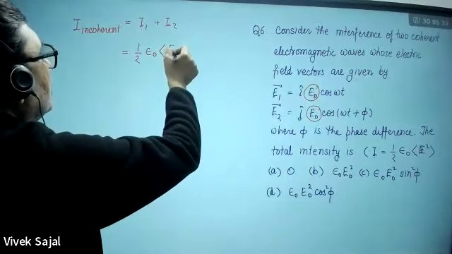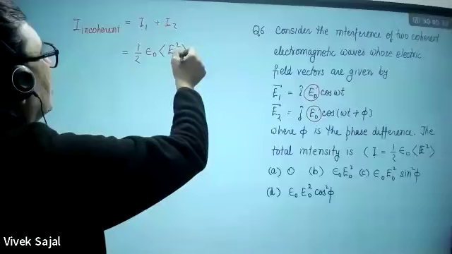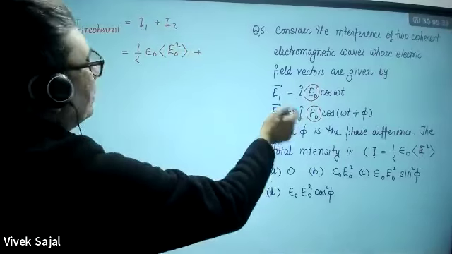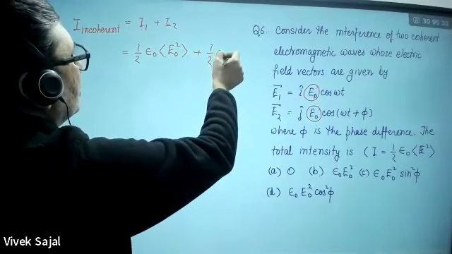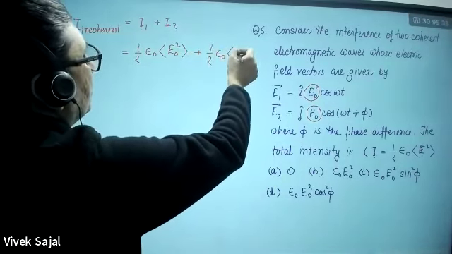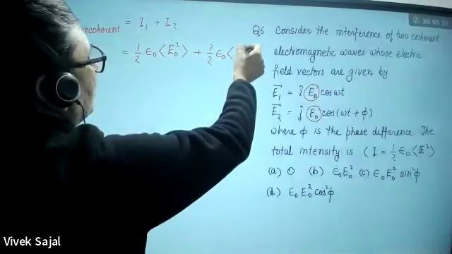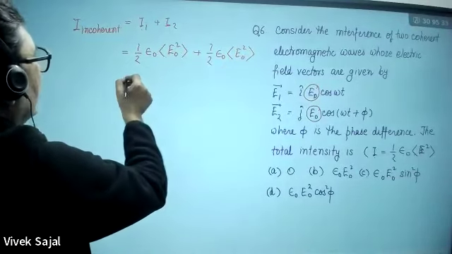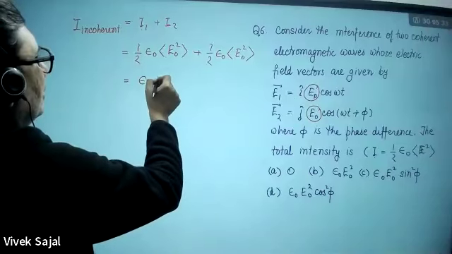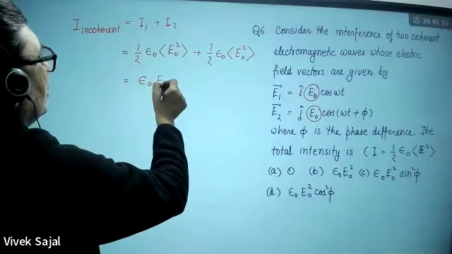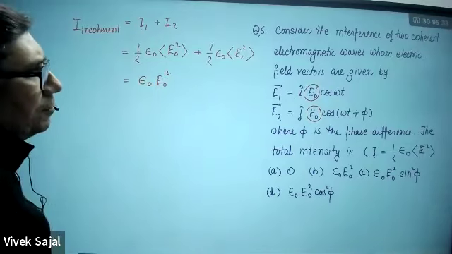This is a constant. Plus the intensity due to the second will be simply 1 by 2 epsilon naught E naught square. This is the simplest way. You can take it out, so it will be epsilon naught E naught square.